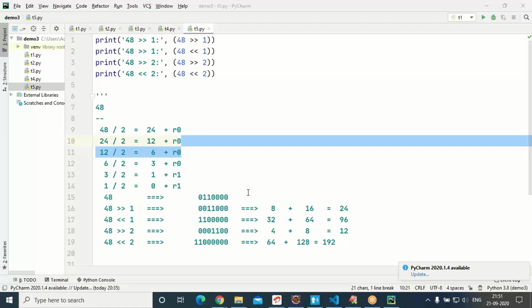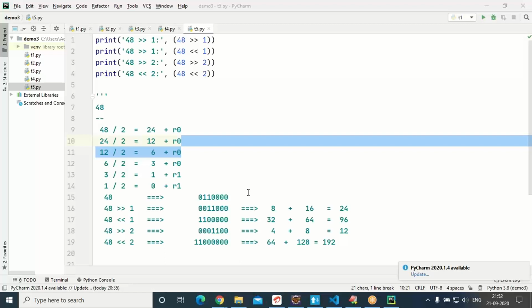Right shift by 1 is divided by 2 power 1, left shift by 1 is multiplied by 2 power 1, right shift by 2 is divided by 2 power 2, left shift by 2 is multiplied by 2 power 2.